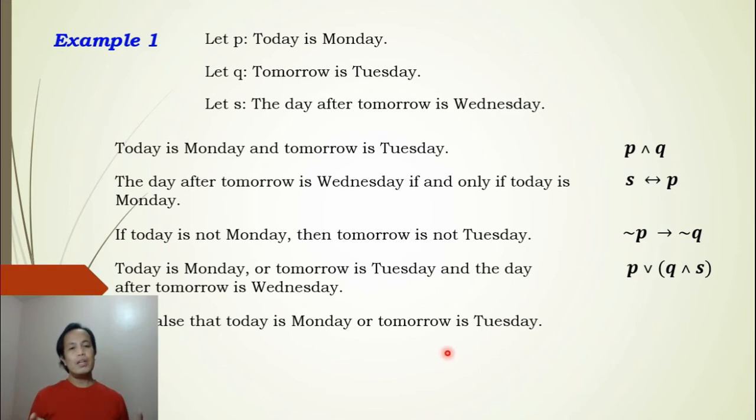Even if we do not have the word "not" in the statement, because of "it is false that today is Monday or tomorrow is Tuesday," this statement negates the succeeding statements. So if we are going to write this one into symbolic logic, we can have not, then enclosed with a parenthesis, the P which is this statement, and or which is this symbol, and the Q.